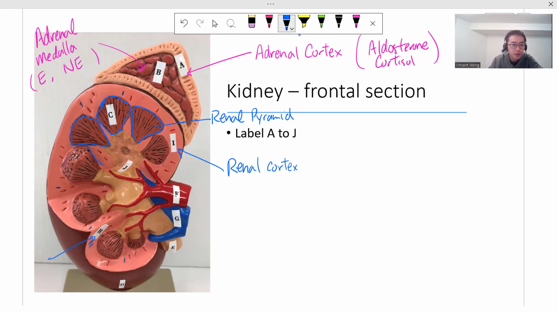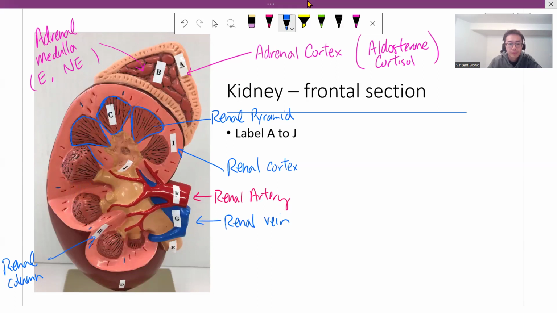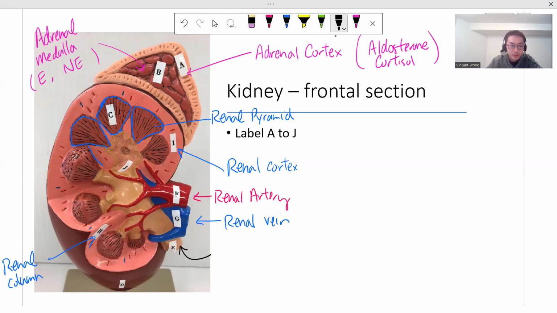H would be the renal column. These are easy. That's the renal artery, renal vein. And this here, what is that?